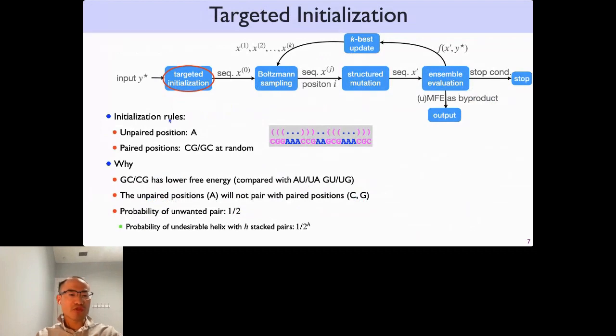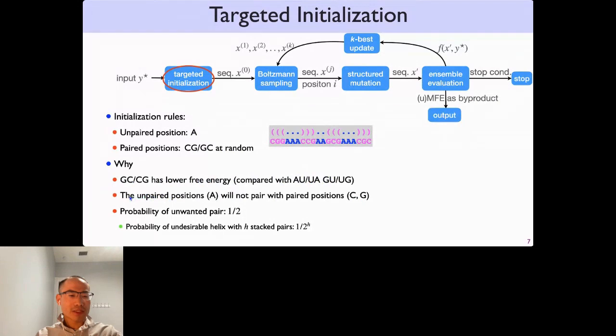We first invented a simple yet effective initialization rule. We just initialize the unpaired positions as A and paired positions with CG or GC randomly. But why? The first explanation is that the CG pair has lower free energy compared to other kinds of pairs.